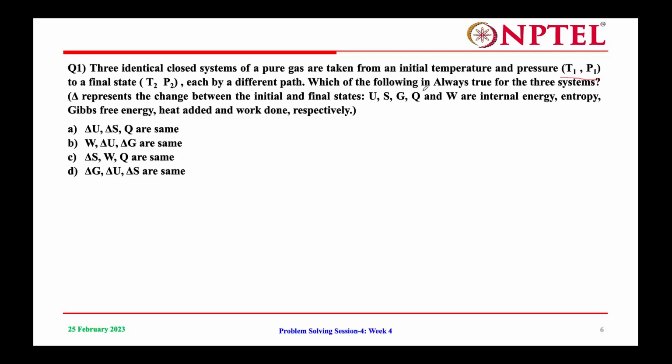Which of the following is always true for the three systems? Delta represents the change between the initial and final state. U, S, G, Q, W are internal energy, entropy, Gibbs free energy, heat added and work done respectively. The options are given.